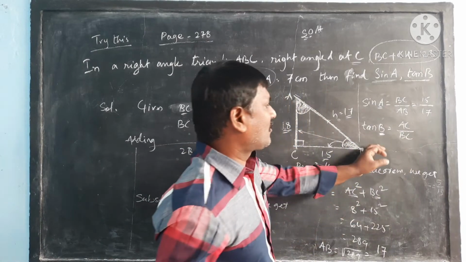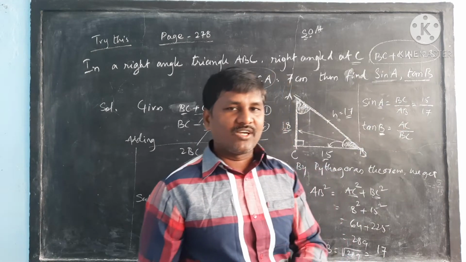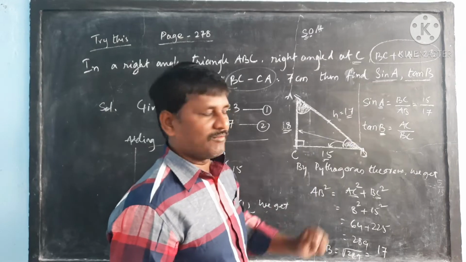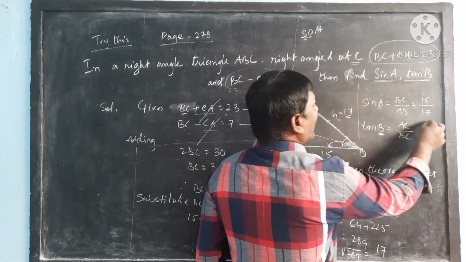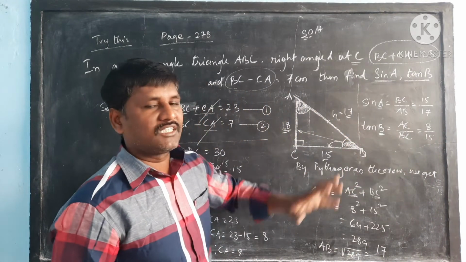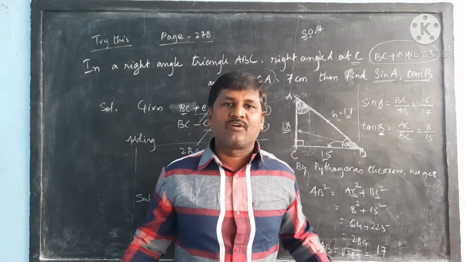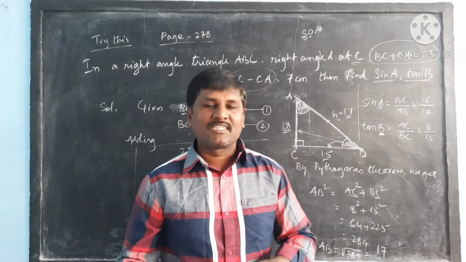So tan B is equal to AC by BC. Now we can substitute the values of AC and BC. We will get 8 by 15 because AC is equal to 8 and BC is equal to 15. Like this, we can solve all the problems which are given in exercise 11.1.